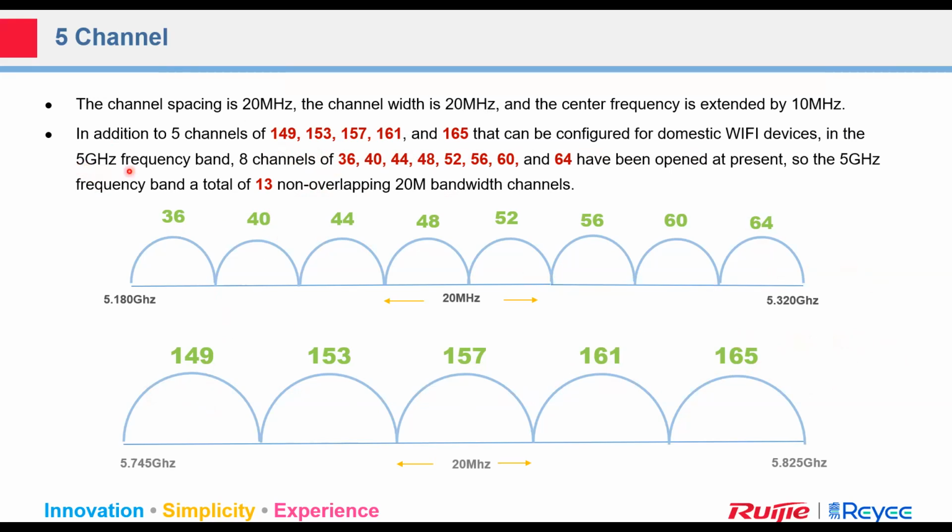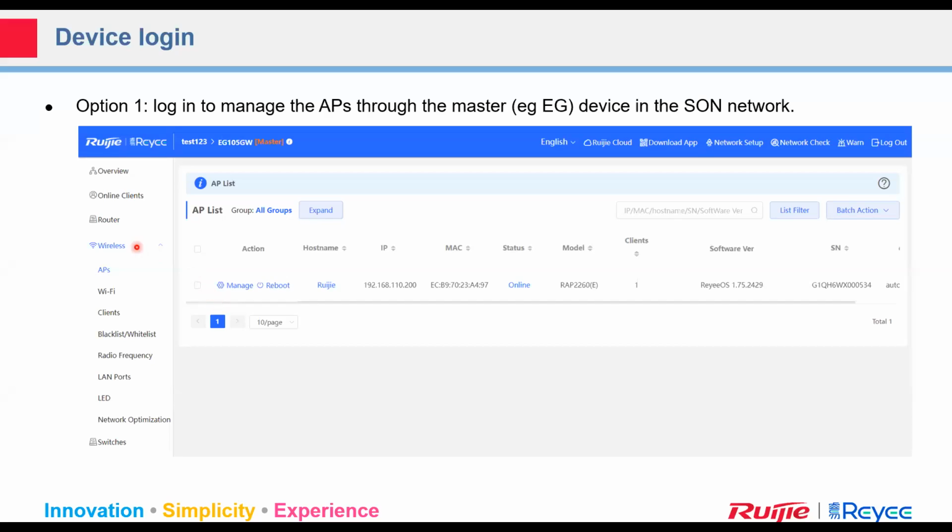In the 5 gigahertz band, the 8 channel of 36, 40, 44, and so on is open. So that's why the 5 gigahertz frequency band has a total of 13 non-overlapping channel, which each channel is 20 megahertz. So next, we would see how to configure an AP.